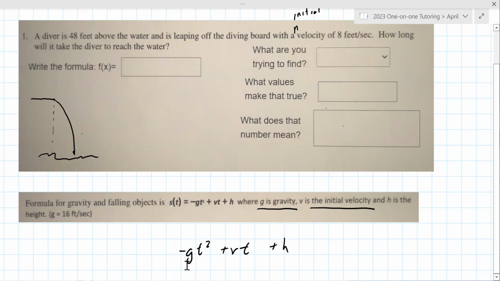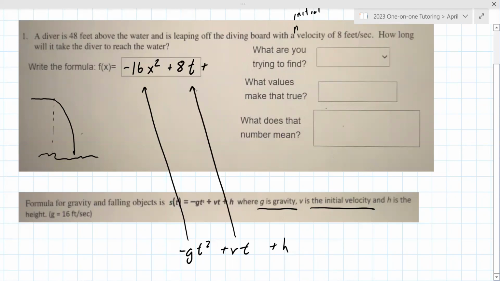No. Okay, so G is 16. So this is minus 16. Now they're using X instead of T, so we're going to follow that, X squared. V is 8, so plus 8 X. And then how high up is she starting?